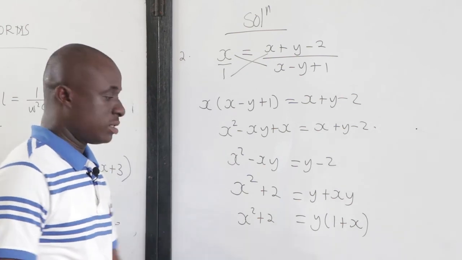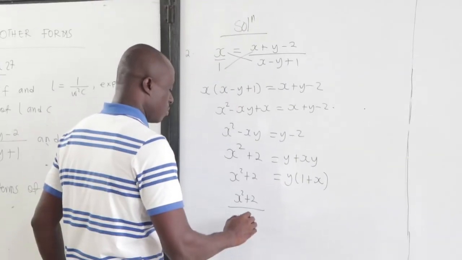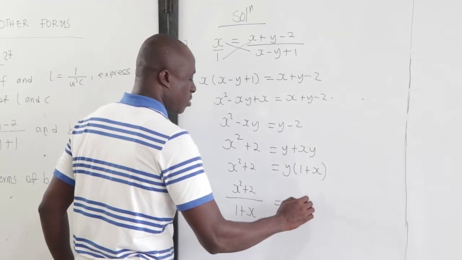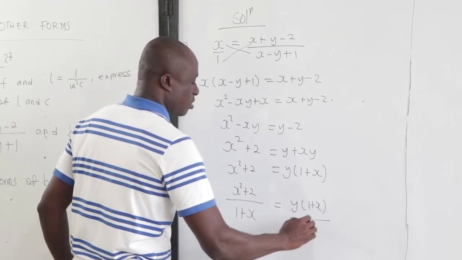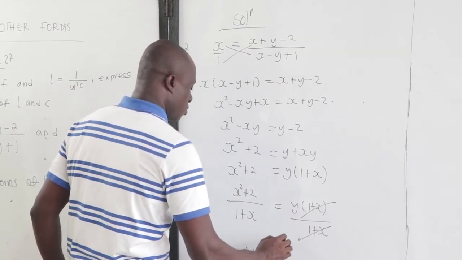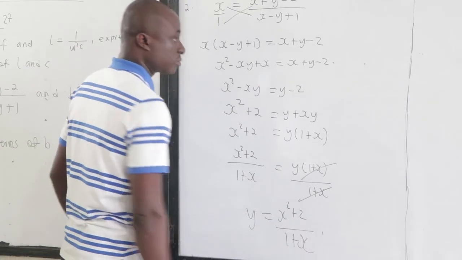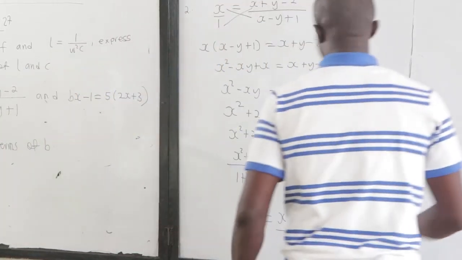From here we can make y the subject. So we have (x squared plus 2) all over (1 plus x) equal to y(1 plus x) all over (1 plus x). This can cancel out, so y is equal to (x squared plus 2) all over (1 plus x).